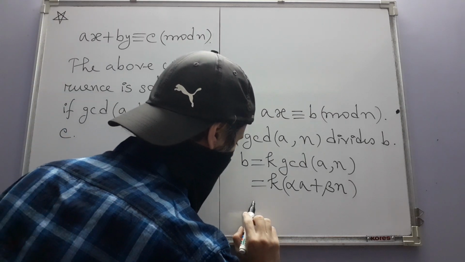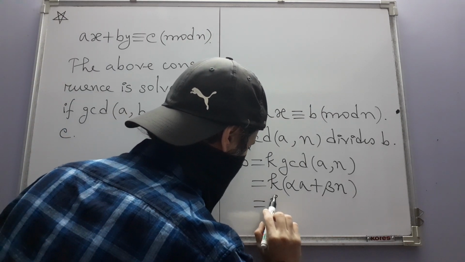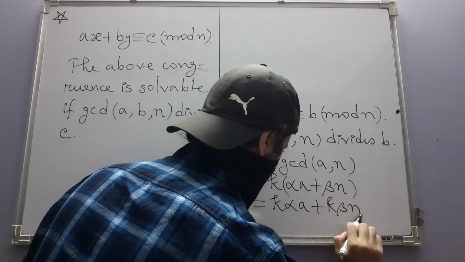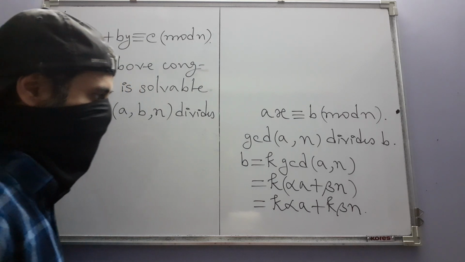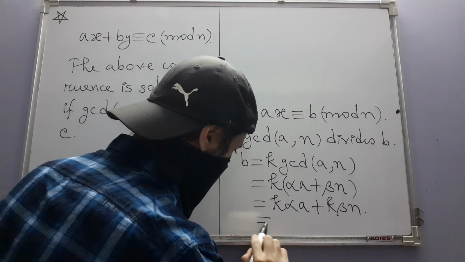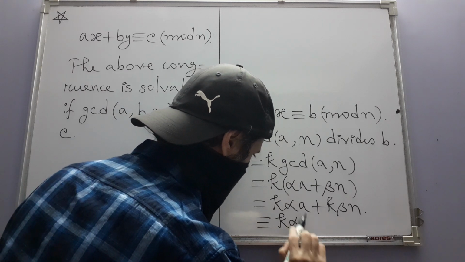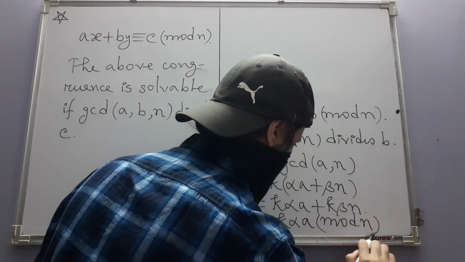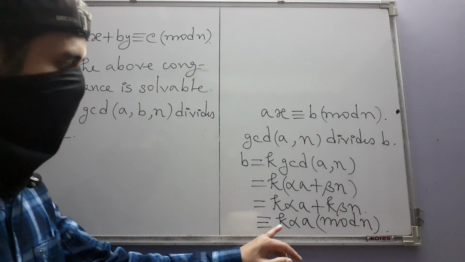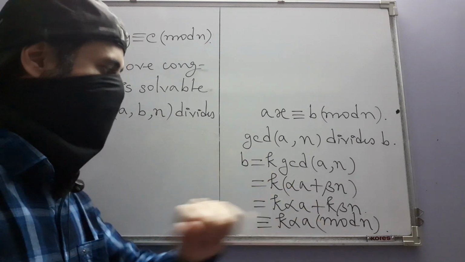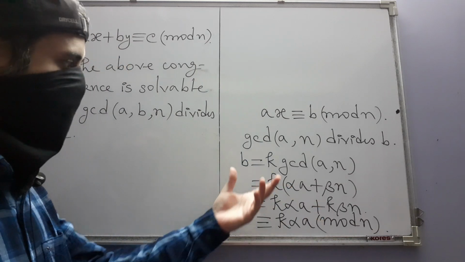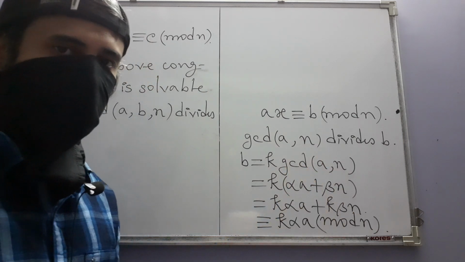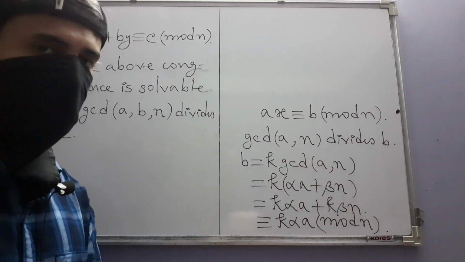And that is why you will get something like this: k alpha A plus k beta N. Now you can clearly see that this thing is congruent to k alpha A mod N. And that's how you have k alpha A congruent to B mod N. So all of these things are possible because the GCD of A and N can be expressed as a linear combination of A and N.